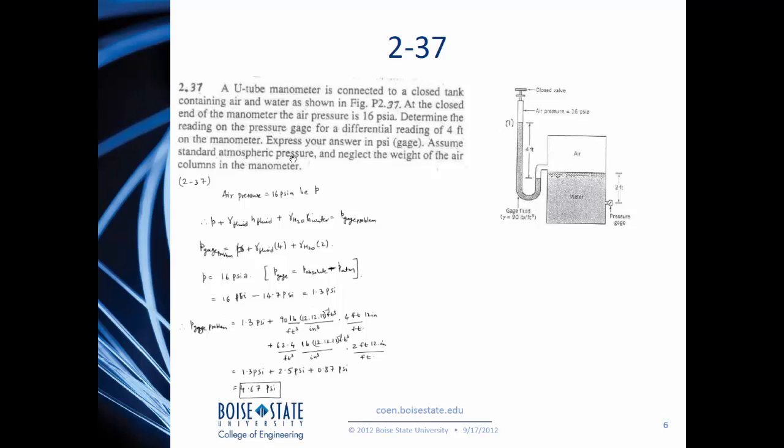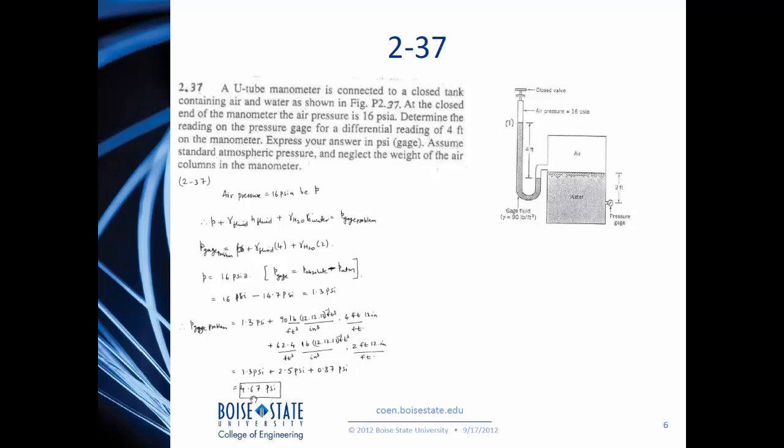Since we are asked to assume standard atmospheric pressure, we would take that to be 14.7 psi. So we get P to be 1.3 psi. And then P gauge is equal to 1.3 psi plus, you substitute all the corresponding values for the specific weight for the two fluids, the gauge fluid and the water, and the corresponding heights, and then make sure you convert them to inches if everything is to be in pounds per square inch.